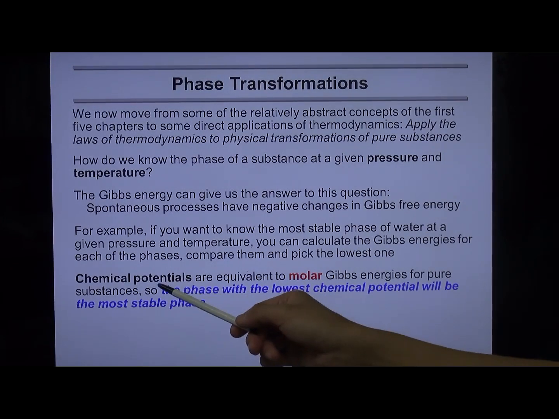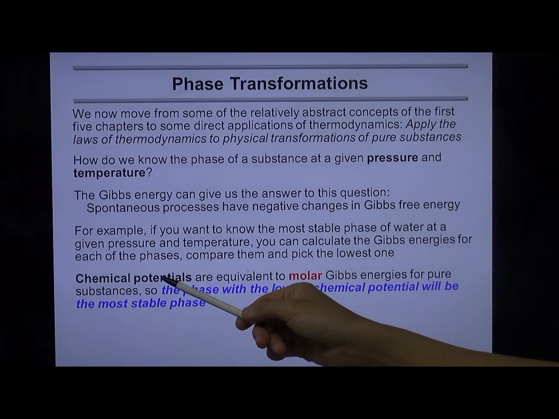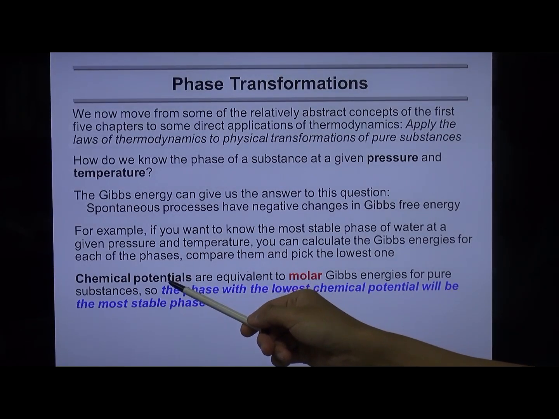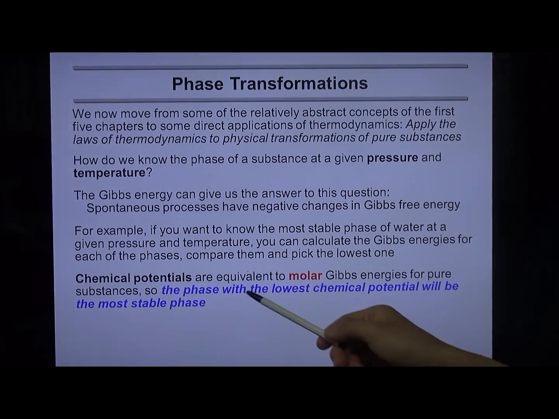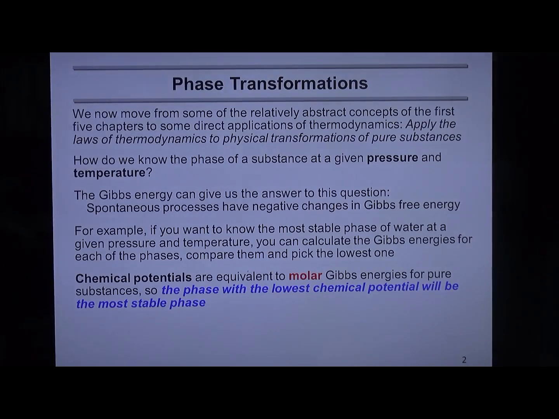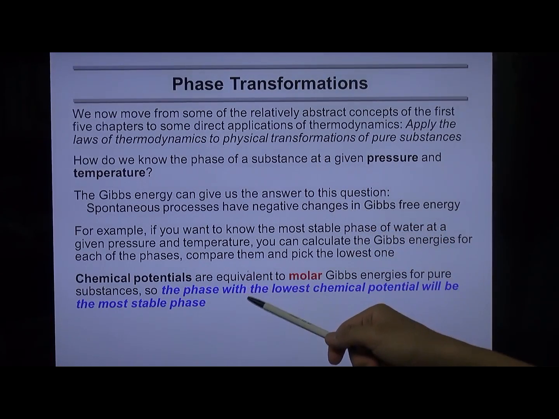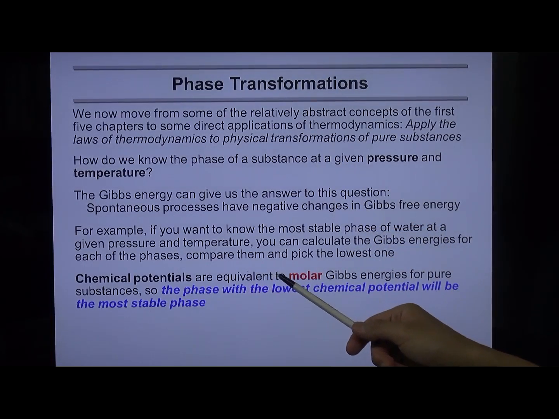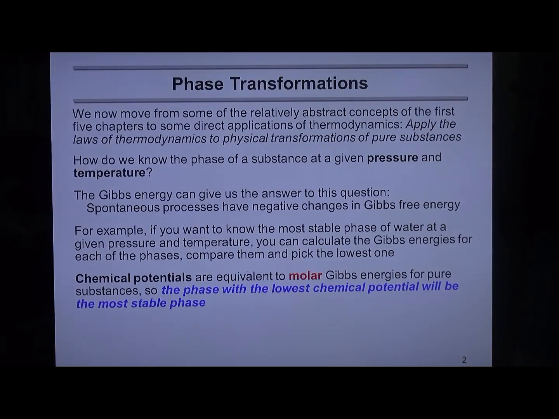So basically, the phase with the lowest chemical potential is the most stable one. So we got the answer. There was an important question, and we got the answer. Simply compare chemical potential for different phases, and the phase with the lowest chemical potential is the most stable one.